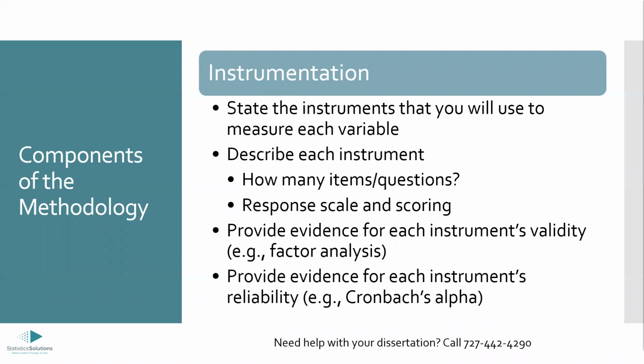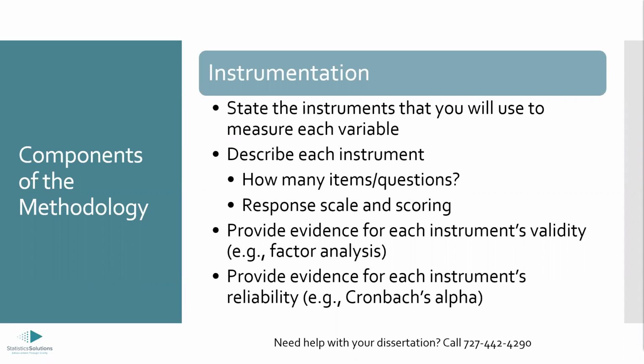So next we can talk about the instrumentation. In the instrumentation section, you will want to describe the different data collection instruments that you're going to be using to measure each variable in your study.